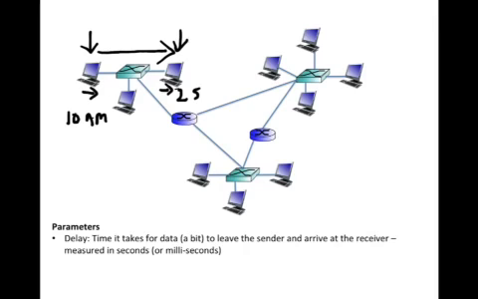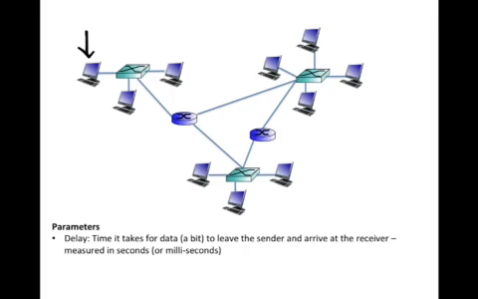In this same scenario, you could consider the sender and the receiver as being in different networks. So if this is the sender and this is the receiver, and the data is going to travel through this route and come this way before it arrives here, now delay becomes a little bit more complicated.